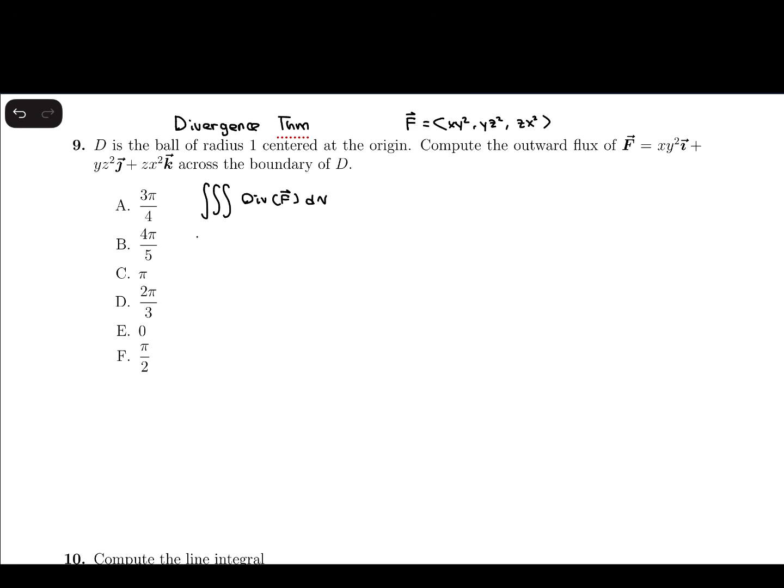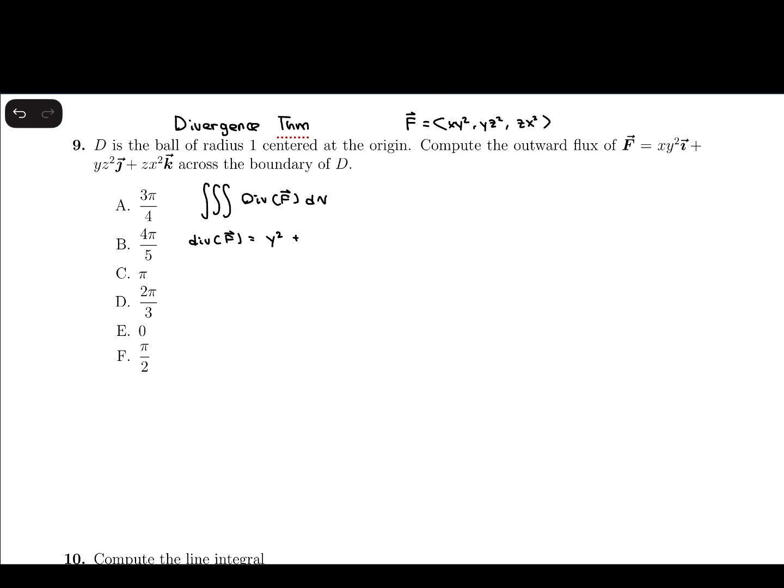If we take the divergence of vector F, you simply take the partial derivative of each component with respect to x, y, z, depending on which component it is. So for the first component, with respect to x, you get left with y squared.